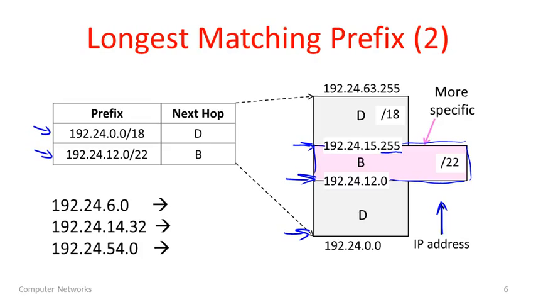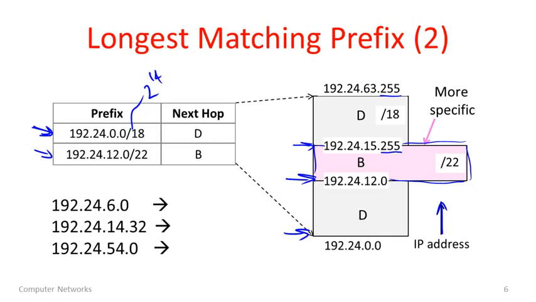What about the top of the other one? So for this other prefix, 192.24.0.18, well, this will have 2 to the 14 addresses in it. The last 14 bits are going to be free. So I've got to turn on the last 14 bits. So what will I get when I do that? Well, I started from all zeros and I turn on the last 8, I get 255. Then I've got to turn on another 6.